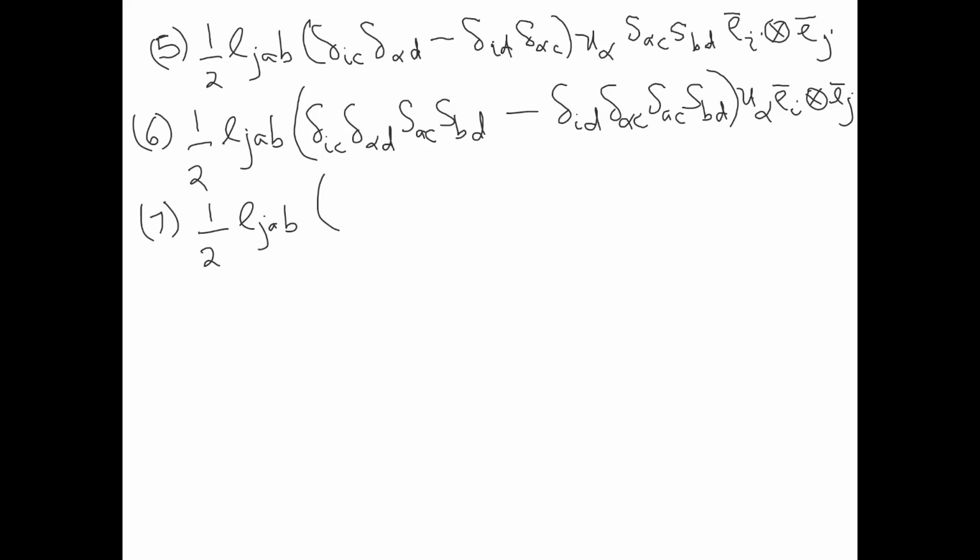So this becomes SAI, the chronicle delta IC disappears.